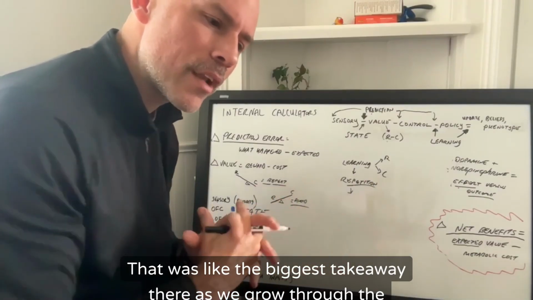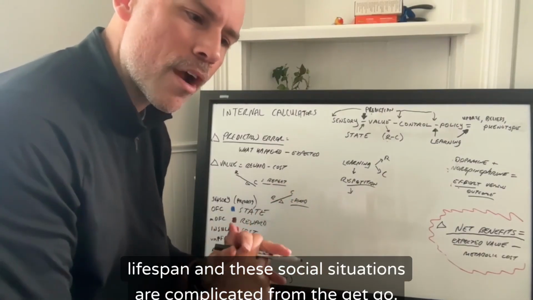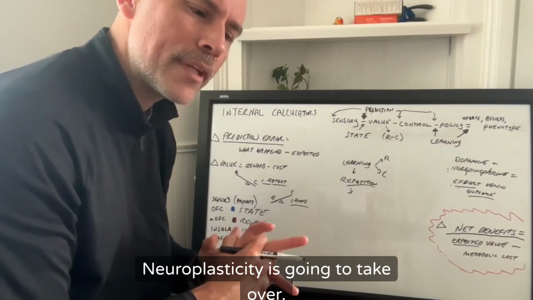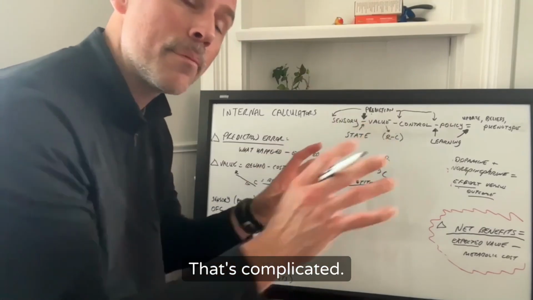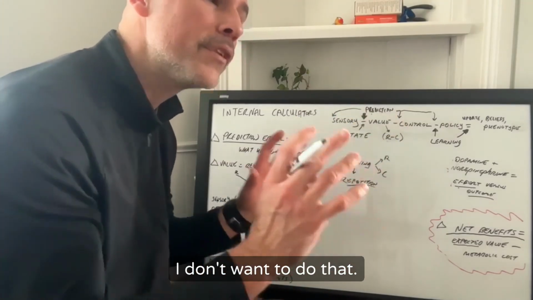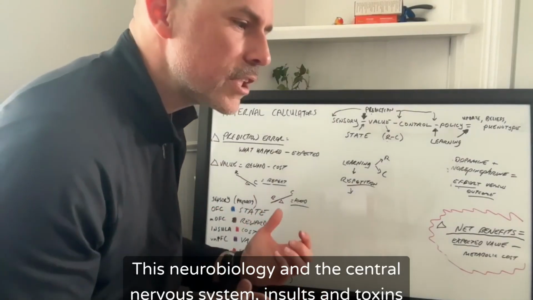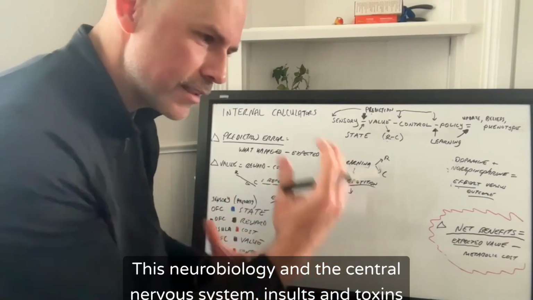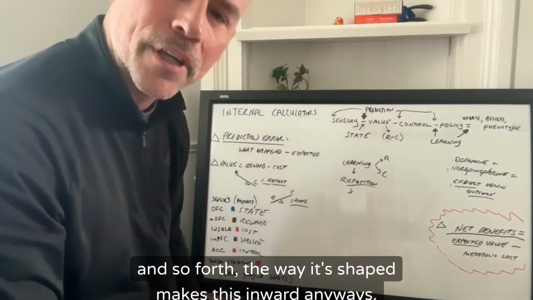As we grow through the lifespan, and these social situations are complicated from the get-go, neuroplasticity is going to take over. We're going to start stamping these. That's complicated. That's complicated. I don't want to do that. Plus, this neurobiology and the central nervous system, insults and toxins and so forth, the way it's shaped, makes us inward anyways.